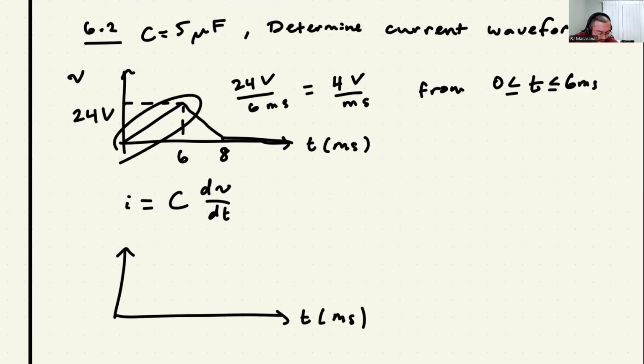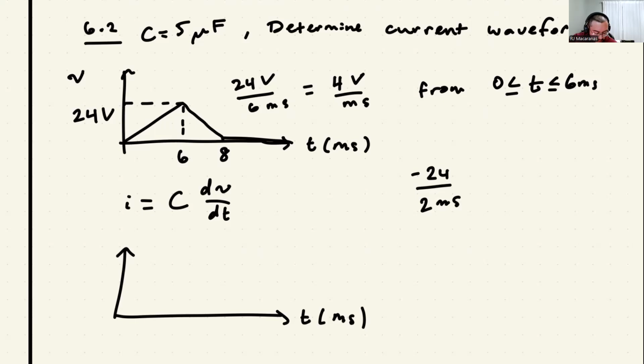And on the next interval, this is a little bit more tricky because we have a non-zero intercept there, but you can easily find the slope. So we're going down 24 in 2 milliseconds.